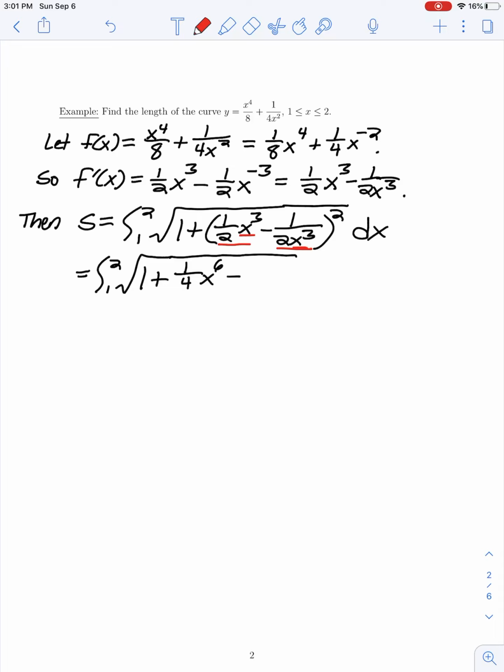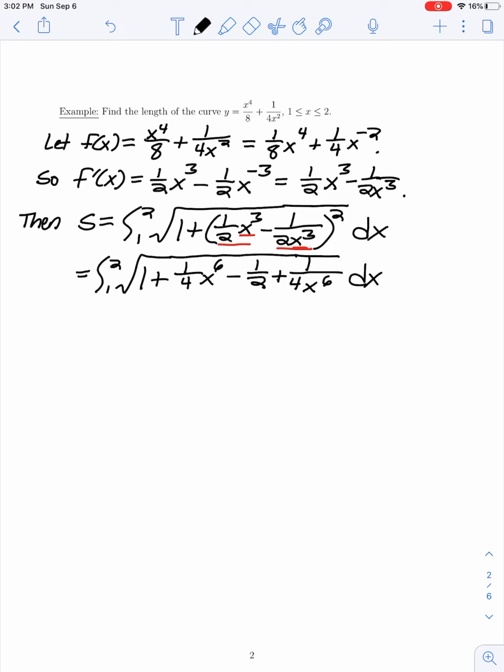So we're left with 1/2 times negative 1/2, or negative 1/4. But we have 2 of those factors when we expand. So our minus 1/4 minus 1/4 will leave us with a minus 1/2. And then plus, for 1 over 2x cubed squared, we'll have a 1 over 4x to the 6th, dx.